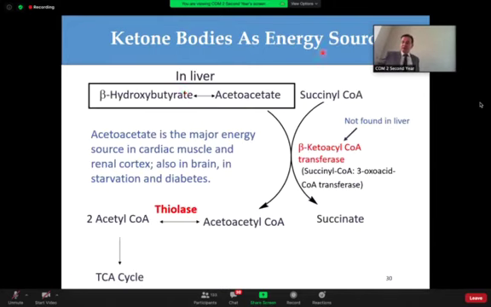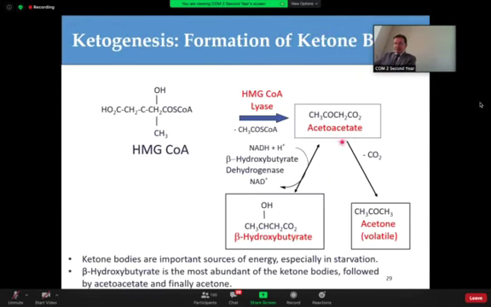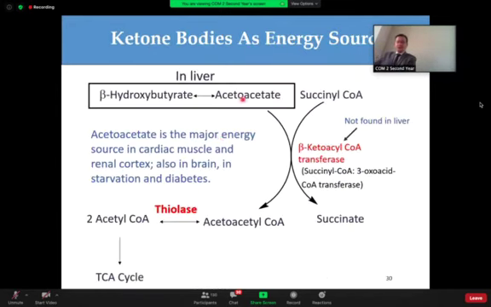Now the ketone bodies in other tissues will be converted to acetyl-CoA in the brain and the RBCs. So this is where you start from. You have acetoacetate with hydroxybutyrate. Then in the liver, it doesn't happen. So the liver produces the ketone bodies but cannot utilize them. Other tissues could.